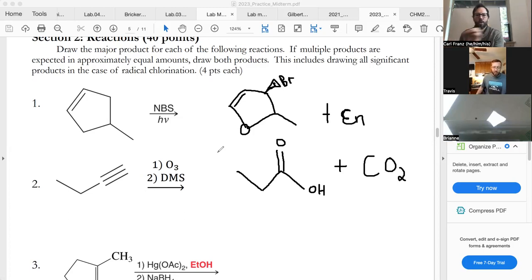So when you're memorizing these mechanisms and you see O3, that's ozonolysis, but then you have to see what type of molecule you're using that on. If it's an alkyne, think carboxylic acid. If it's an alkene, remember ketones.